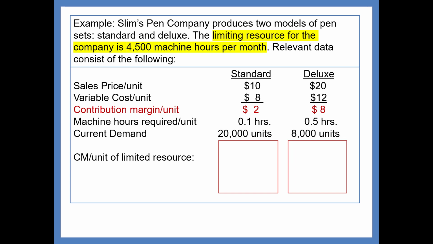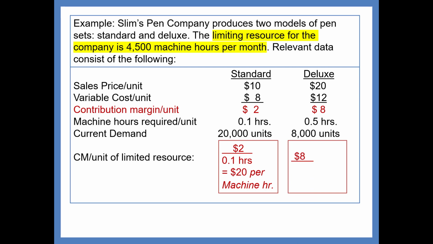So to quantify this, we're going to calculate a contribution margin per machine hour. We'll take the contribution margin per unit, 2, divide by 0.1 hours, and we get $20 per machine hour. We'll do the same thing for deluxe.